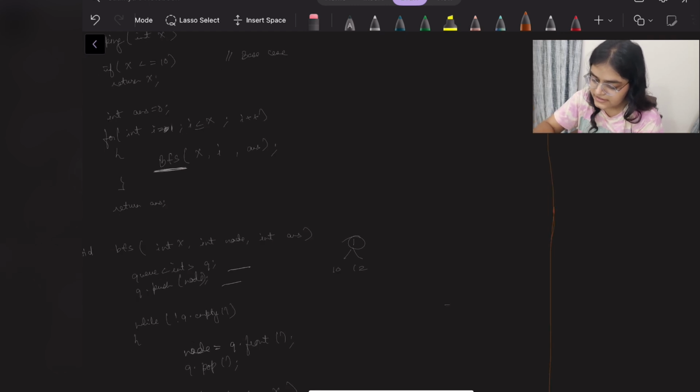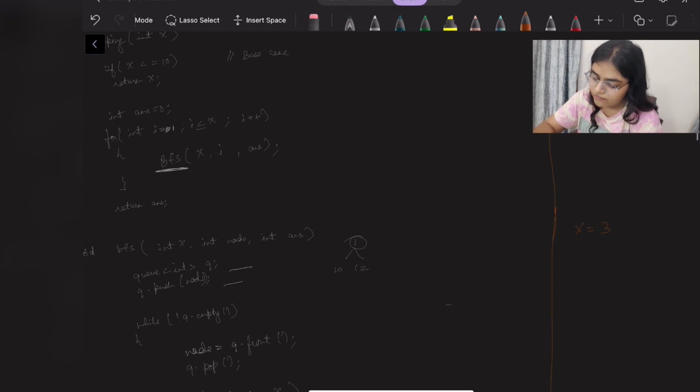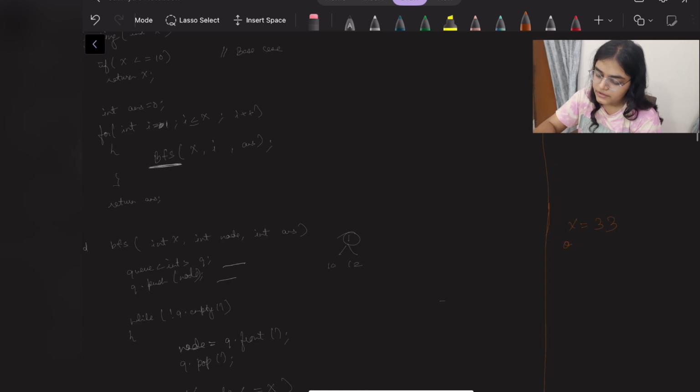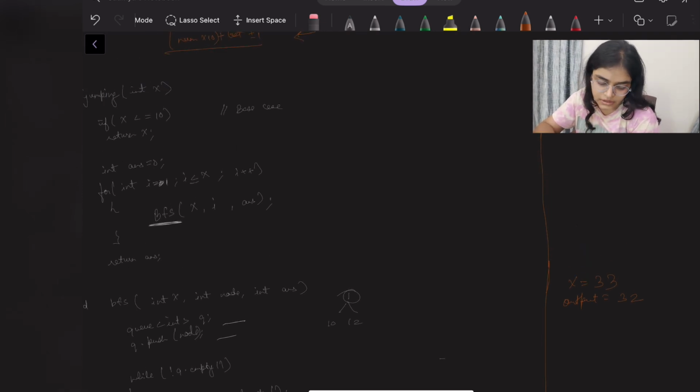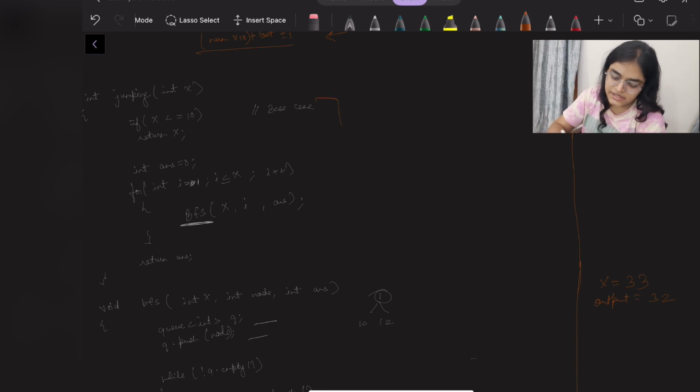Let's consider x as 33, right? So the output will be 32. The closest jumping number to 33 is 32. Yes. So now we'll see, does the base case satisfy?